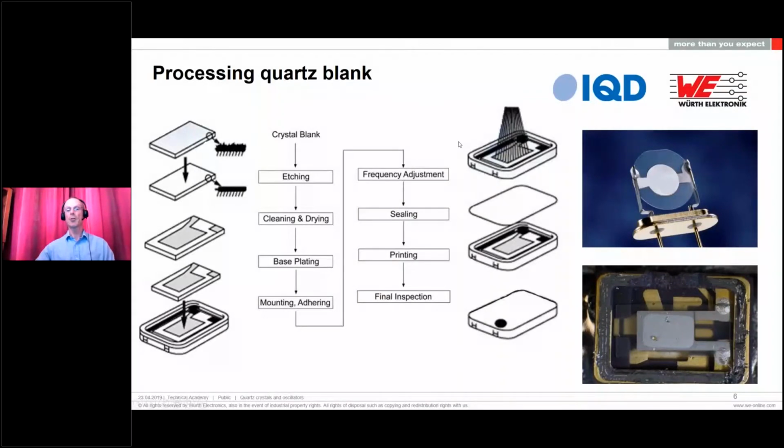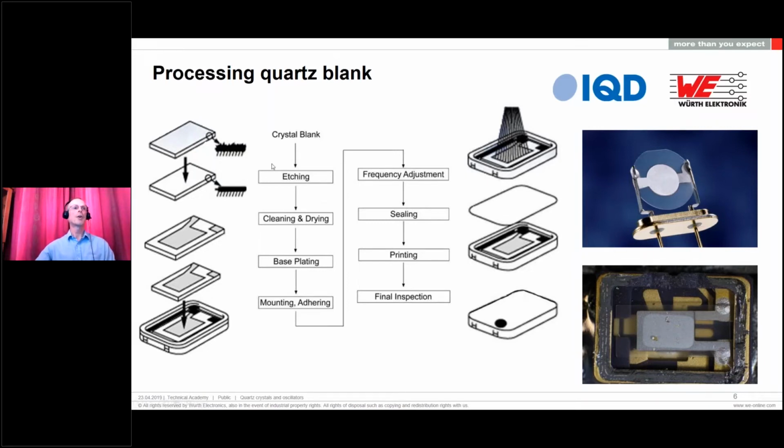Once we've sliced our quartz and made our blanks, we then need to process them. And this diagram shows a quick cut down version of what happens. So as you can see, we've grown our quartz, we've sliced it up, we've processed it into blanks. We now need to add some metal electrodes.